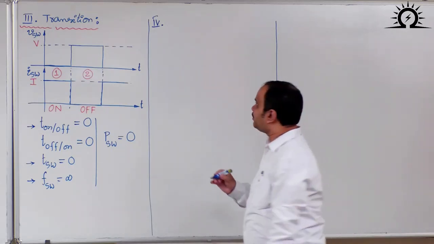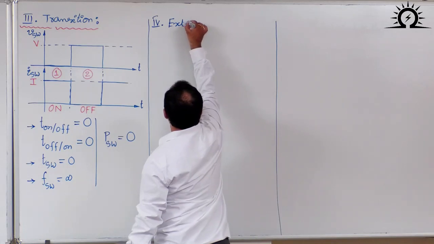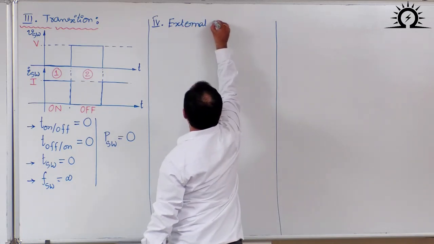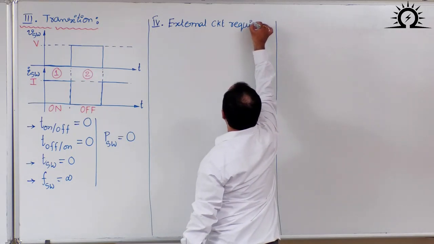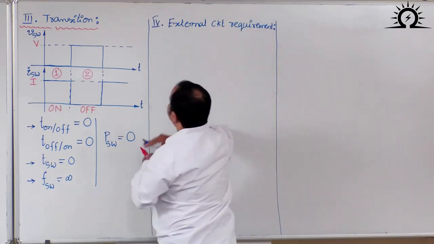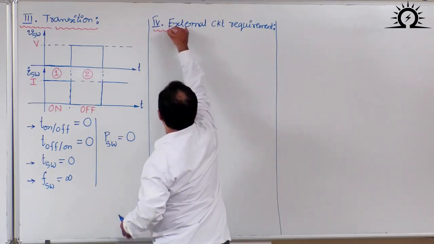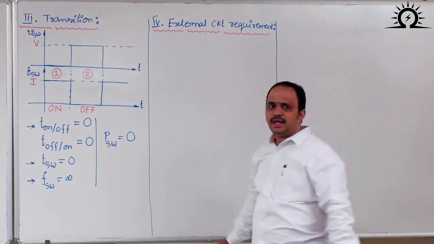Now the fourth property is external circuit requirement. External circuit requirement, okay.